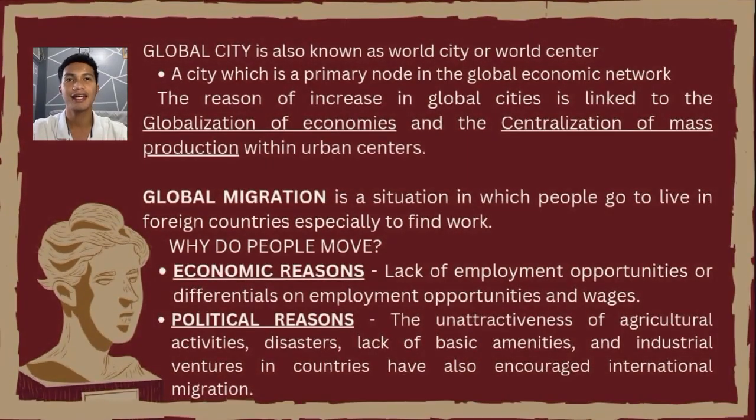A global city is also known as the world city or world center, a city which is a primary node in the global economic network. The reason for the increase in global cities is linked to the globalization of economies and the centralization of mass production within the urban centers.